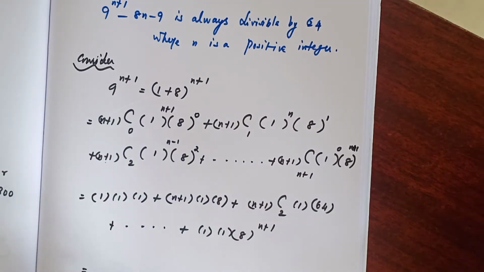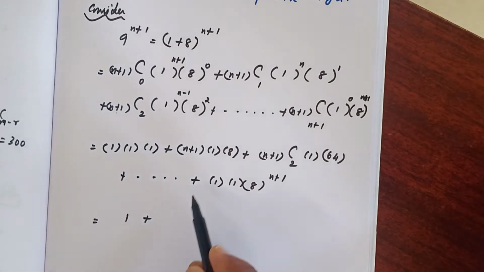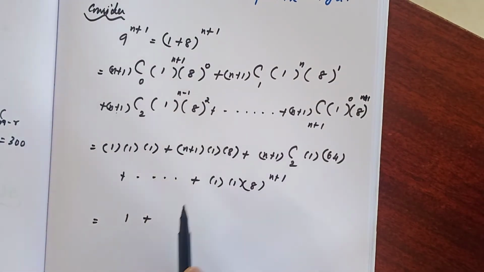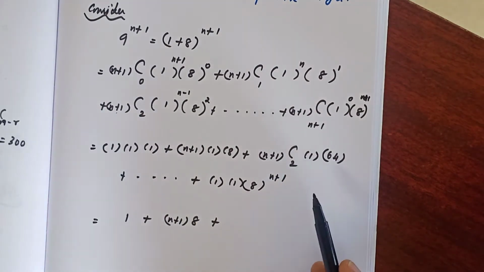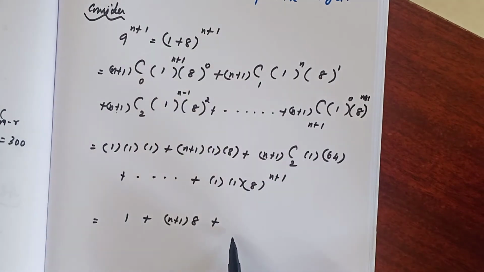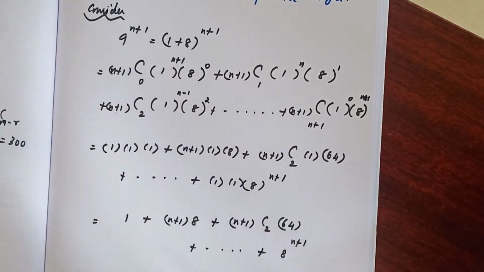That is equal to, if you multiply, you will be getting 1 plus n plus 1 into 1 into 8, that is n plus 1 into 8 plus 1 into 64, 64 into n plus 1 c2, etc. up to 1 into 1, 1 into 8 power n plus 1, that is 8 power n plus 1. Okay.